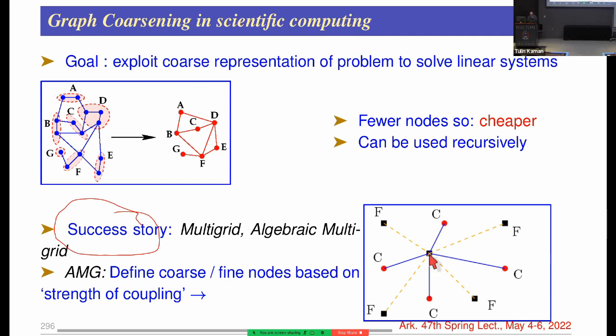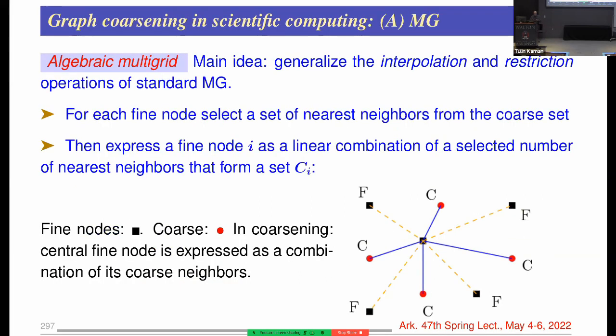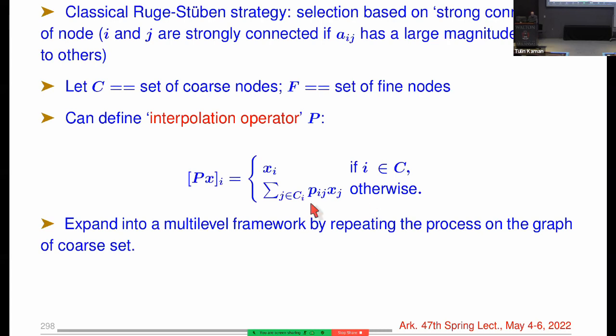Depending on what is called strength of coupling, you decide which neighbors you select as the coarse set. So this would be your next level. And then once you have your mapping, this is actually the mapping that I was talking about, you have these restriction and prolongation operators that come from going from the fine to the coarse and backwards.